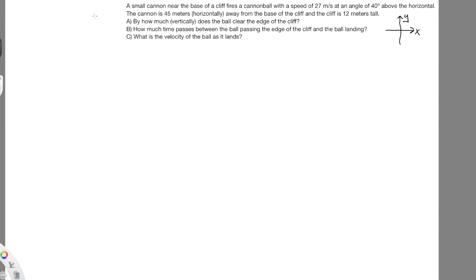Again, a picture is a good idea, and with my amazing ability to draw perfectly straight lines, let me try that again. Not to scale. We have a small cannon down here that's going to fire the cannonball with our initial speed of 27 meters per second at an angle of 40 degrees above the horizontal.